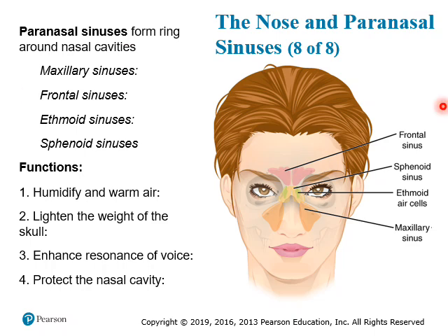So the paranasal sinuses form a ring around the nasal cavity. You do not really see it as a ring, but it's actually shaped like that. It is located in the frontal, the sphenoid, and the ethmoid areas, and part of the maxillary bones.